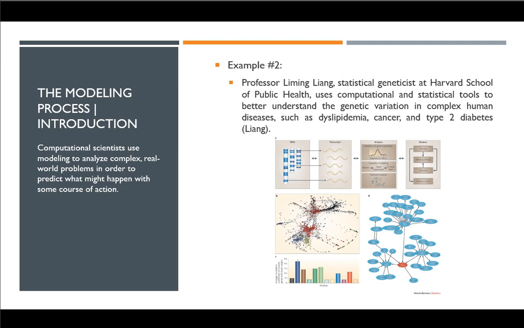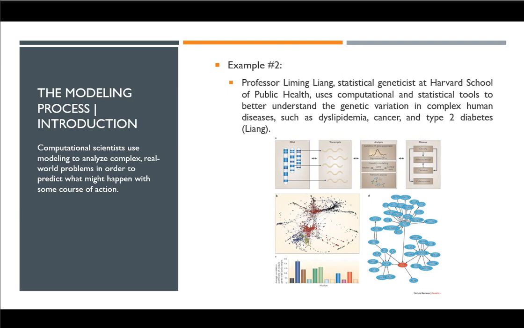He is a statistical geneticist at Harvard School of Public Health, and he uses computational and statistical tools to better understand the genetic variation in complex human diseases such as dyslipidemia, cancer, and type 2 diabetes.